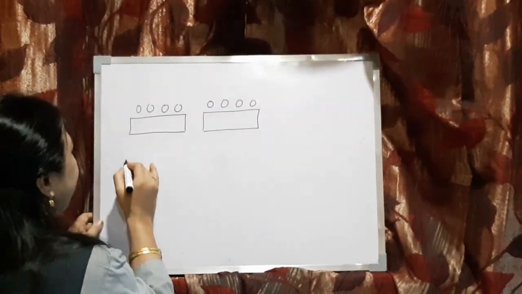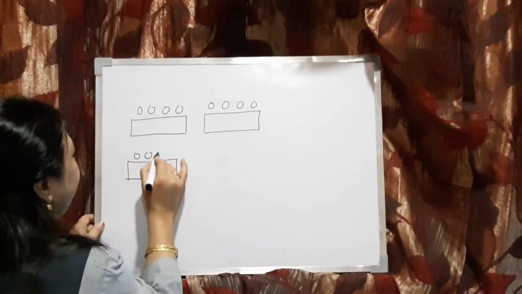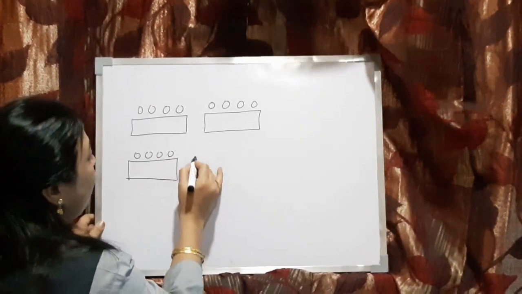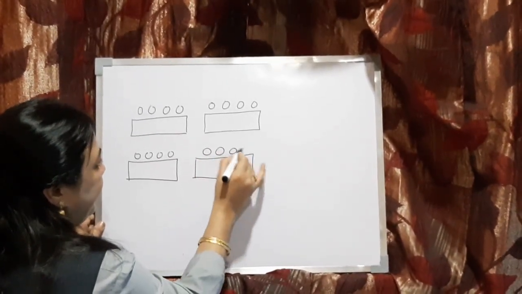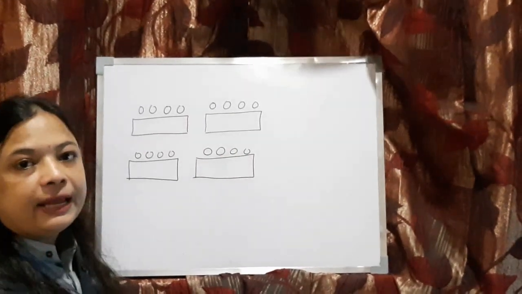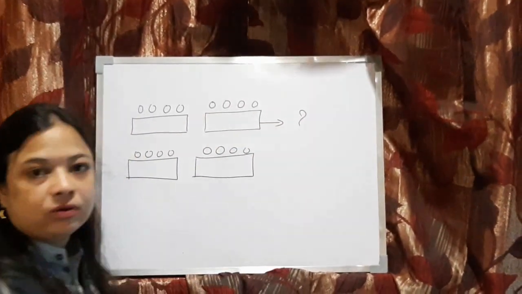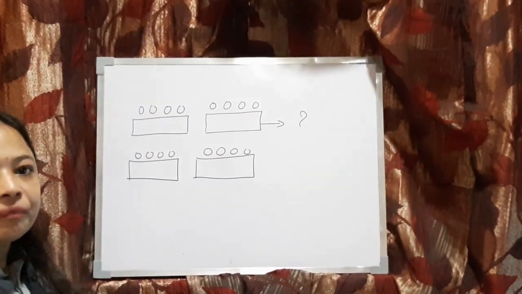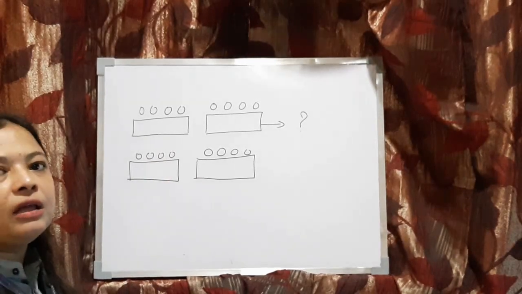So this way we have to find out how many desks are needed. Okay, if 64 children are there in total, then how many desks? Desk हमको कितनी चाहिए वो हमको find out करना है, right? So what will we do? We have to find out the desks here.